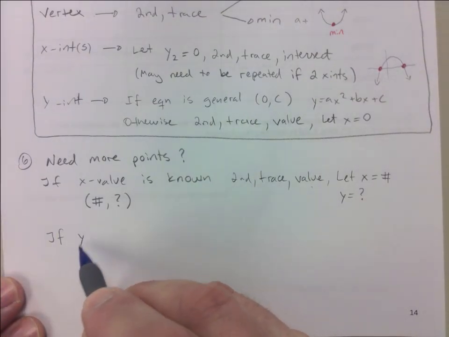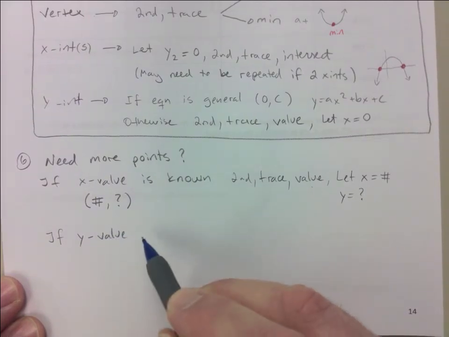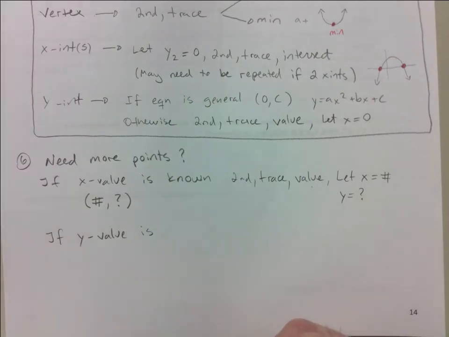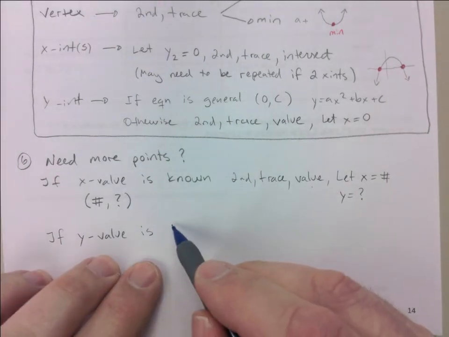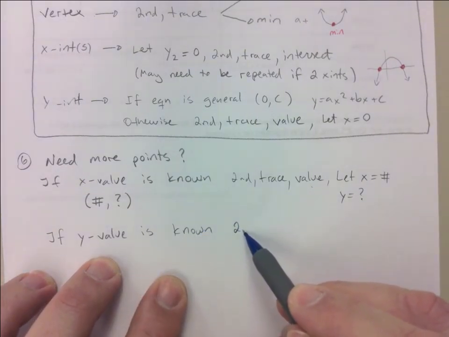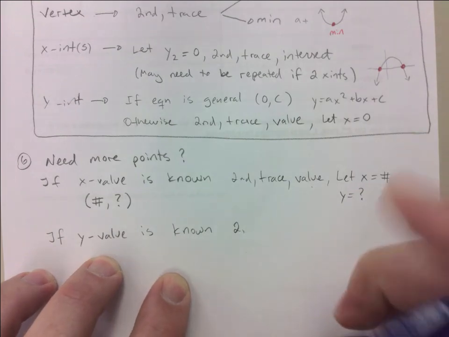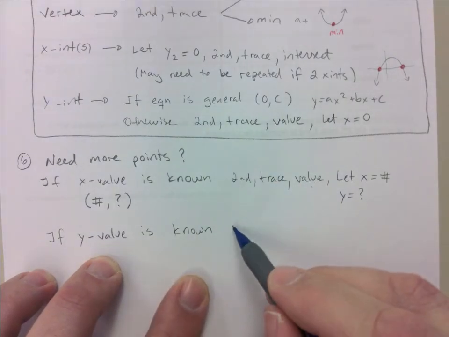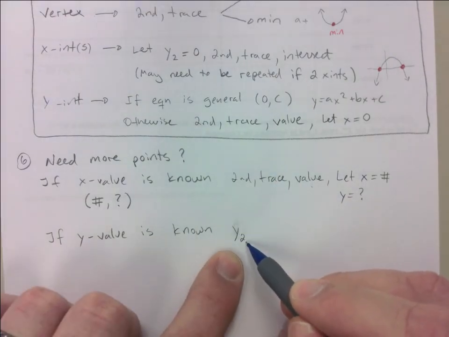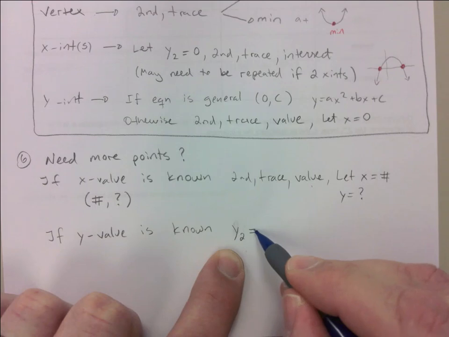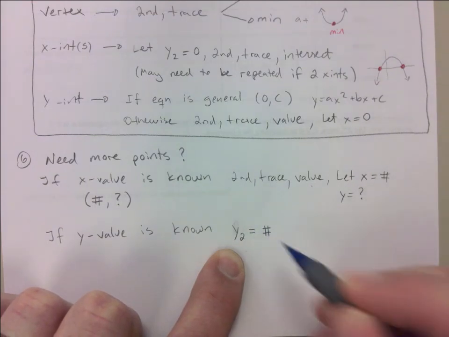If y value is known, then we press second. Oh, actually, hold on. I'm going to change this slightly from what I have here. Y2 means it's the second equation on your screen. Okay, we let y2 equal to that number that you know.